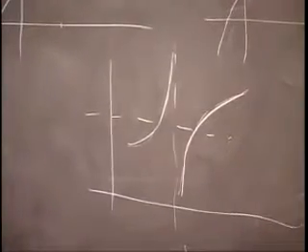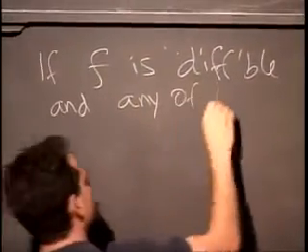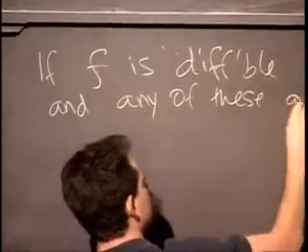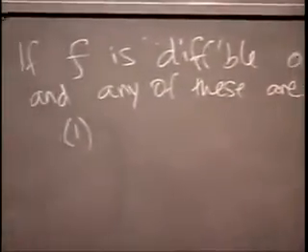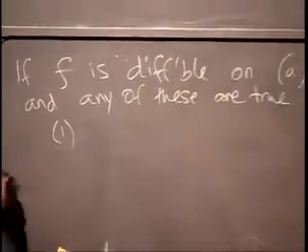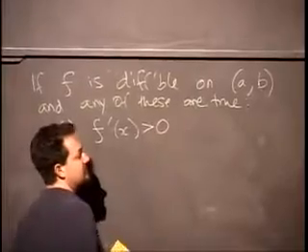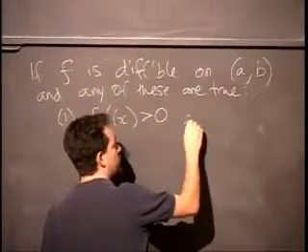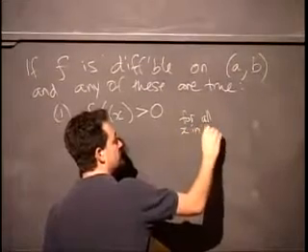So if f is differentiable on an entire interval and any of these are true, and I'm going to give you four things that are quite similar. One is that the derivative is always positive, for all x in the interval.